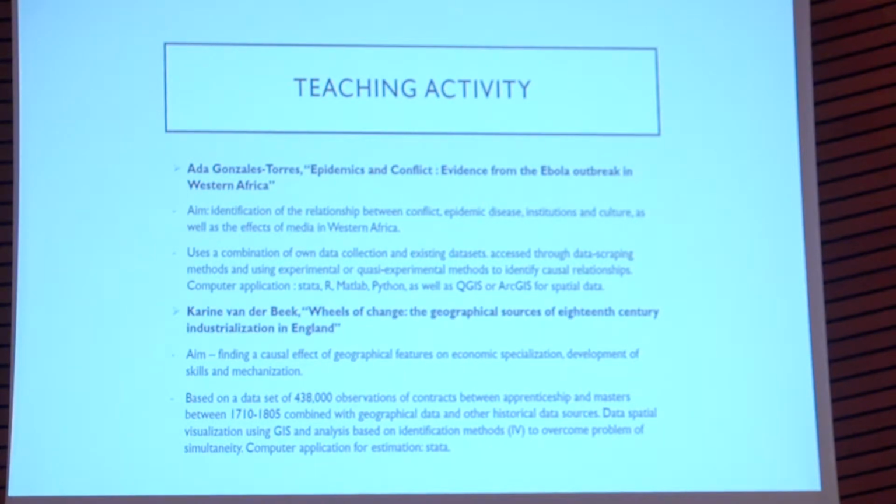Then, given economies of scale and specialization, how this created a path dependence of mechanization and the type of mechanization that was chosen up until the Industrial Revolution in the 18th century. For this data, we use a huge data set of almost 450,000 observations, where every observation is a contract of an apprenticeship to a master in England.